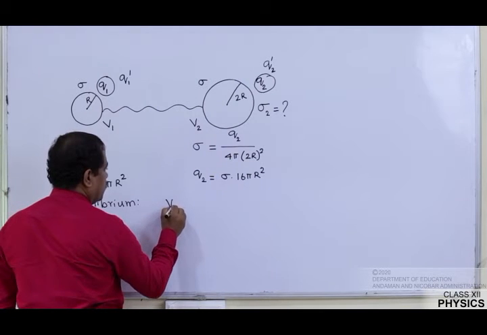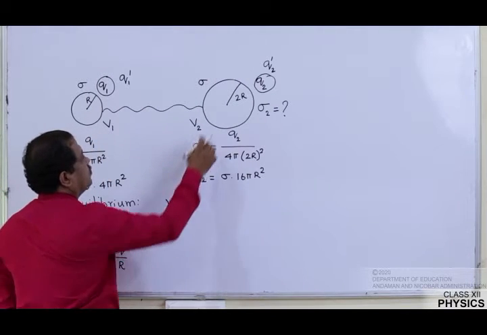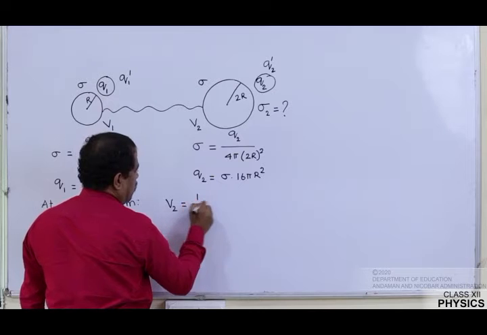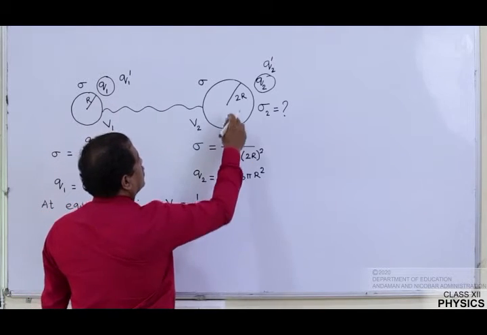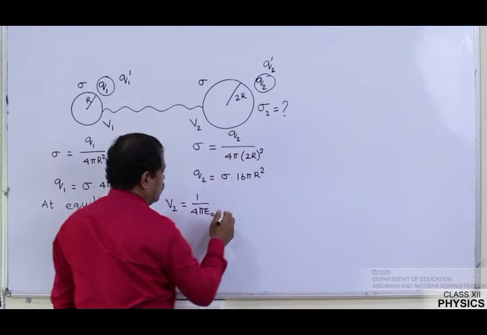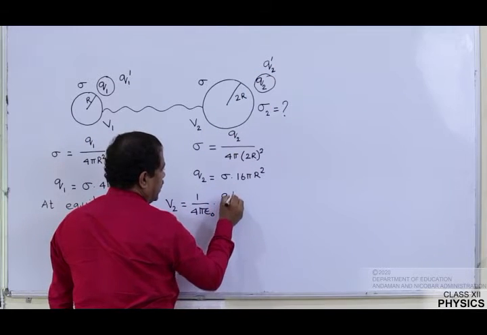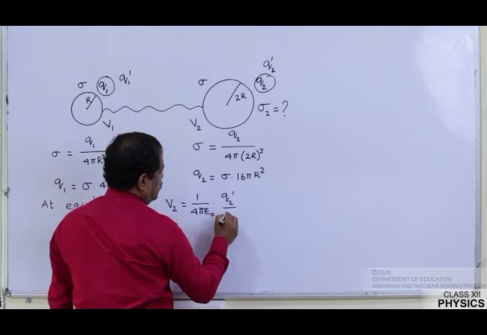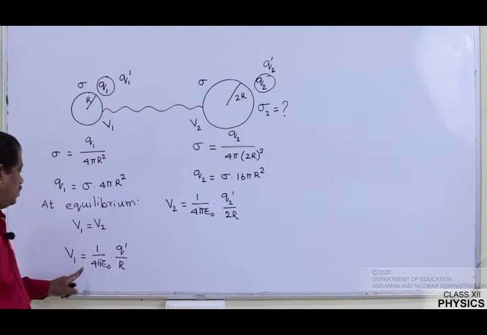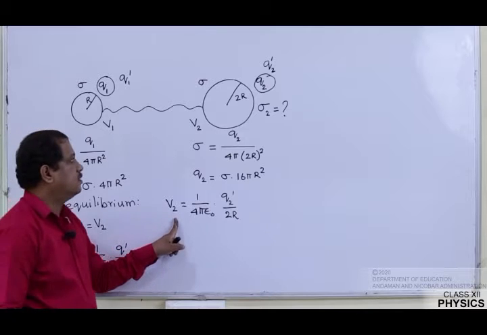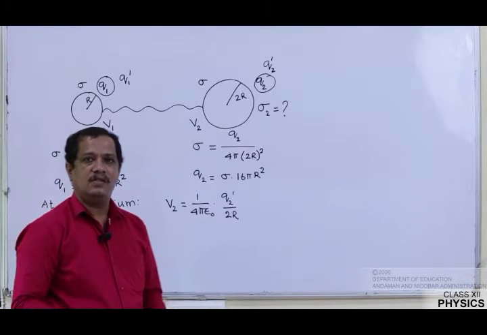V2 will be equal to 1 by 4 pi epsilon naught into the charge after sharing, q2 dash, divided by its radius 2r. So this is the potential on the first metallic sphere and second metallic sphere once they are connected with the help of wires.